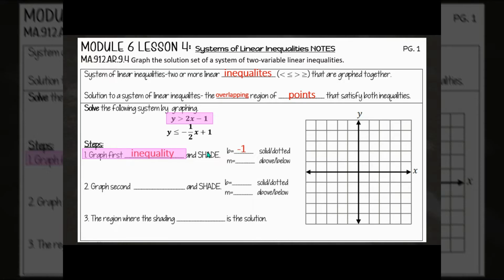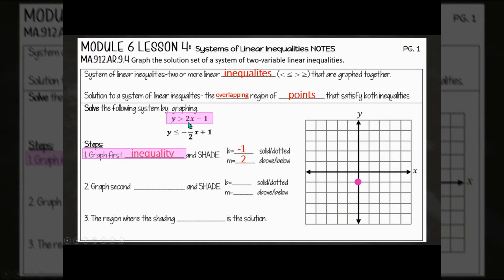So my b term, so my y-intercept is -1. That's always the number that is by itself when I'm in slope-intercept form. So whenever I have my constant by itself, that's the b term, which is -1. So I'm going to go over here to my graph, and I'm going to go on the y-axis to -1. And now I need to graph my slope.